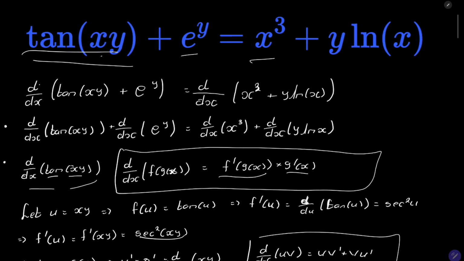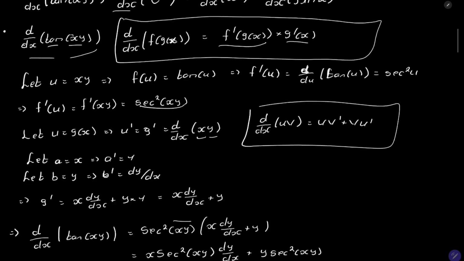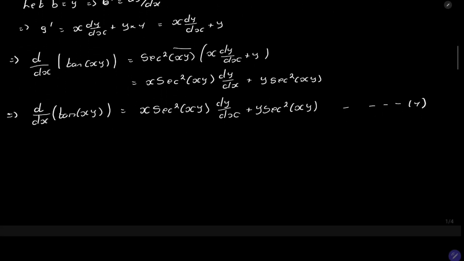What does our second term ask us to do? It asks us to differentiate the function e to the power y. The derivative with respect to x of the function e to the power y is the same thing as the derivative of y with respect to x times the derivative of our function e to the power y with respect to y.